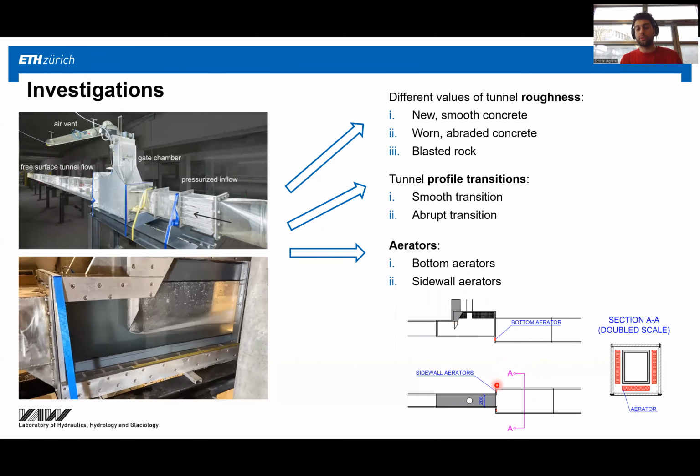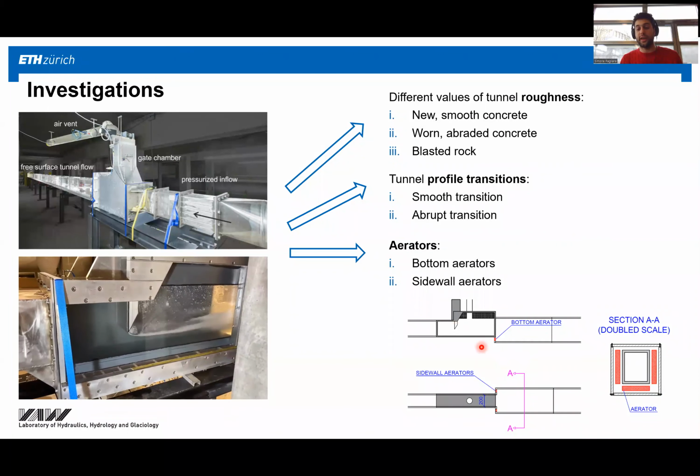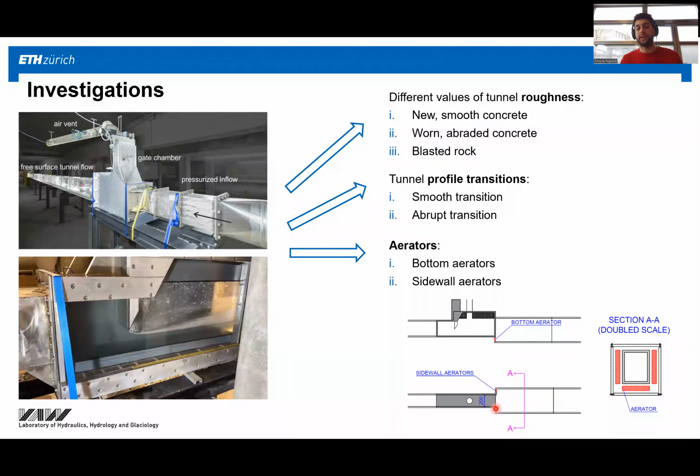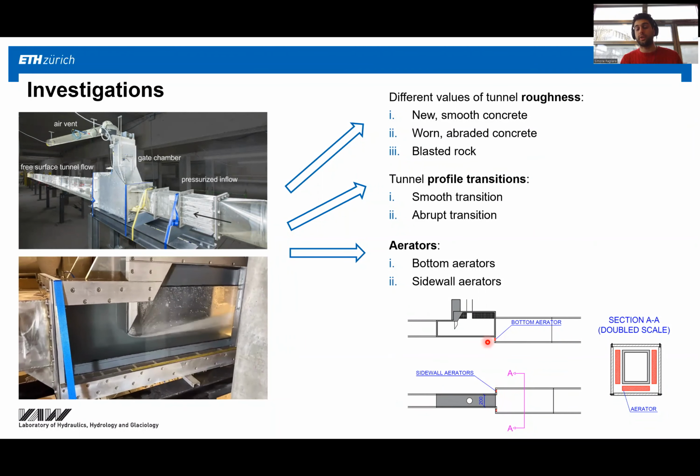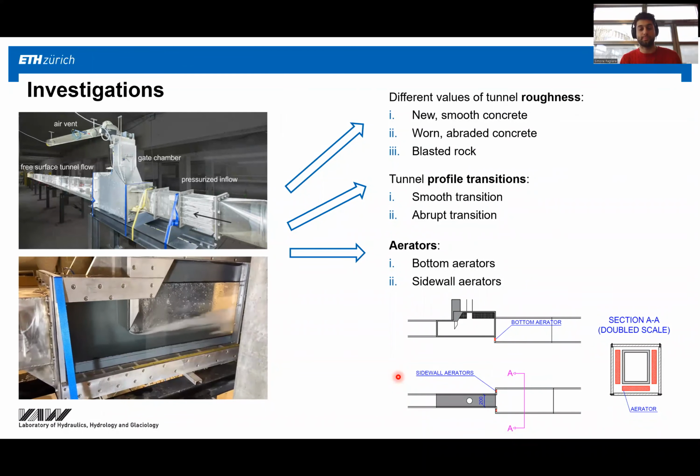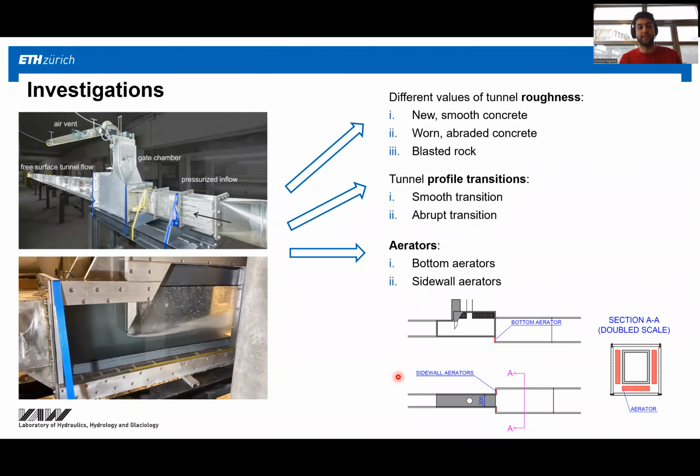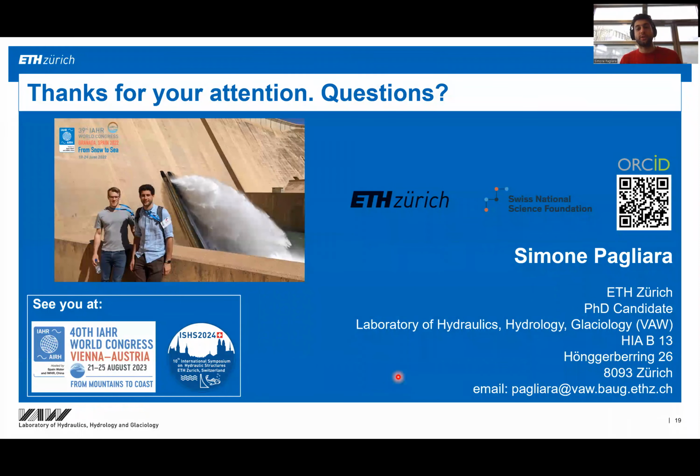So we would like to insert air vents also at the sides of this abrupt transition and at the bottom, in order to provide more air and see how flow properties and air demand change. So this is all. I would like to thank you, and there is some time for questions, I think.